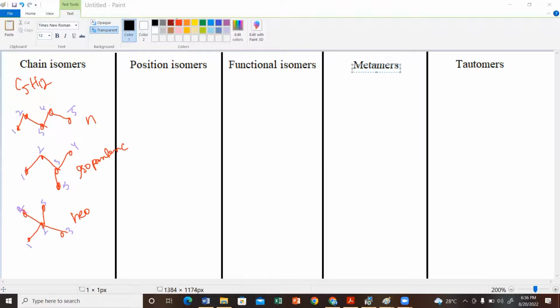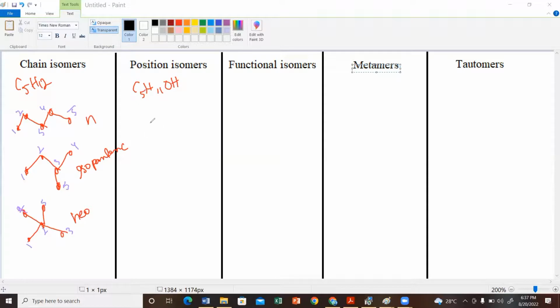The chain isomers are the isomers which have the same chemical formula but different physical structure, and the phenomenon is known as chain isomerism. The second example we are going to discuss is position isomers. The position isomers would have the same type of chain. For example, if we have C5H11OH, that is an alcohol.